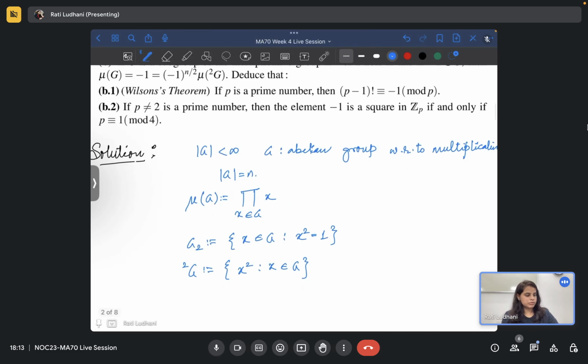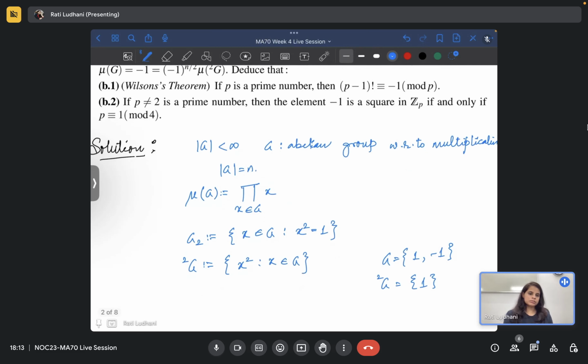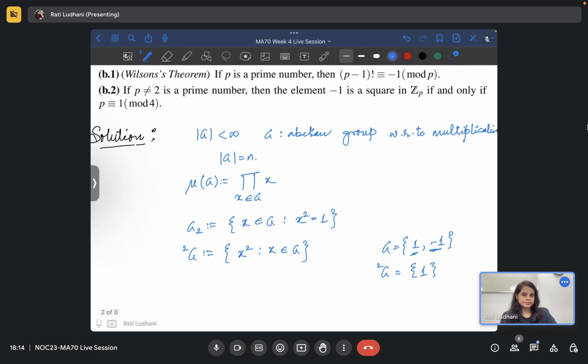For example, if we have G to be 1 and minus 1, then G2 will be just 1 because the square of these two elements will be 1. We are not going to consider a multi-set with squares of these elements being something different. We'll consider it the same. Is that okay?